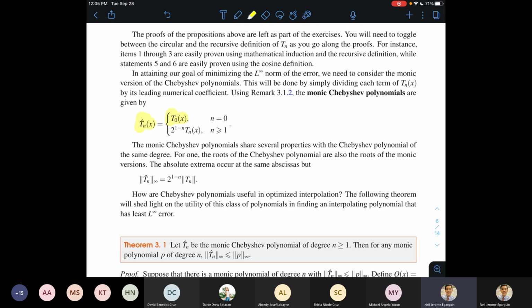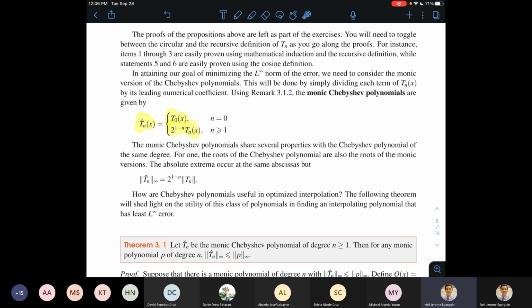But for higher order or higher degree Chebyshev polynomials, para makuha ko yung monic version niya, i-multiply ko yung normal Chebyshev polynomial by 2 to the 1 minus n. And since we know that t sub n will have leading coefficient 2 to the n minus 1, pag minultiply ko yun ng 2 to the 1 minus n, yung leading coefficient magiging 1.